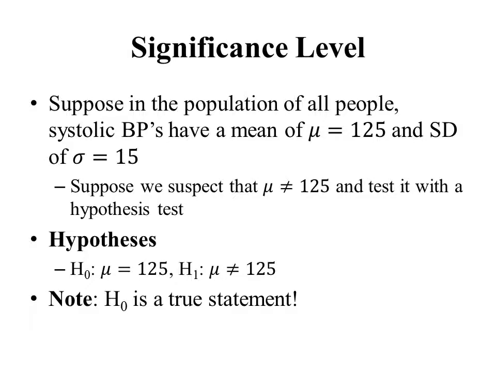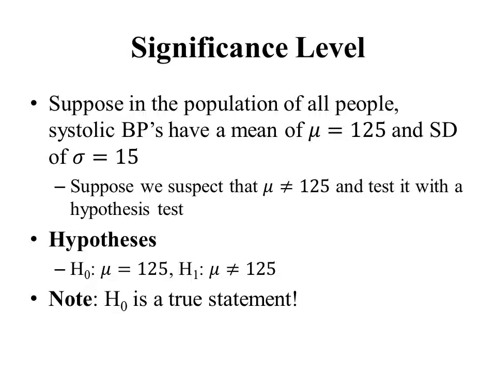Now let's make an observation here. This null hypothesis is a true statement. How do we know it's true? Well, because we're told right here in the problem that in our population mu is equal to 125. Now down here we're pretending that we don't know it and we're claiming this, but in reality H naught is a true statement. Now why is that significant?